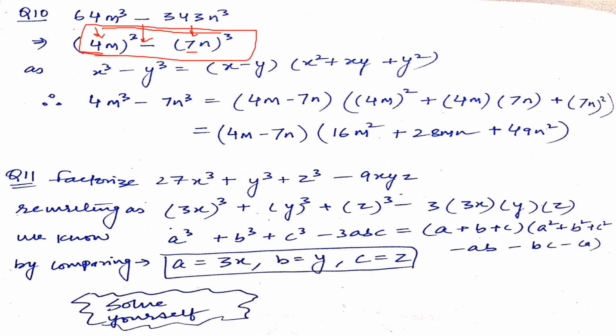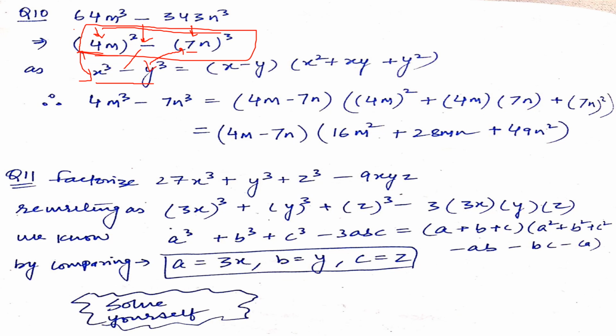Now it is easy for us to correlate with the formula. Formula is x cube minus y cube. Now if you compare x cube and (4m) cube, you can say x is equal to 4m. And when you relate minus and minus, they are equal. Now relate y and this, you can say y is equal to 7n.